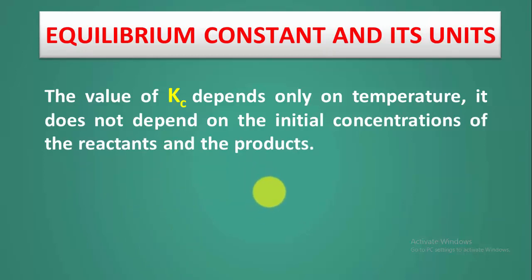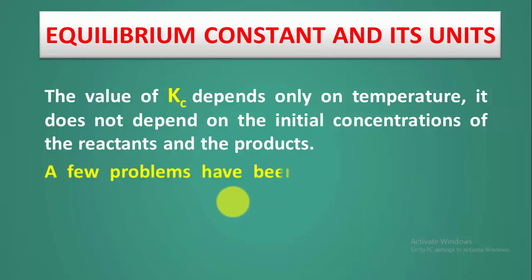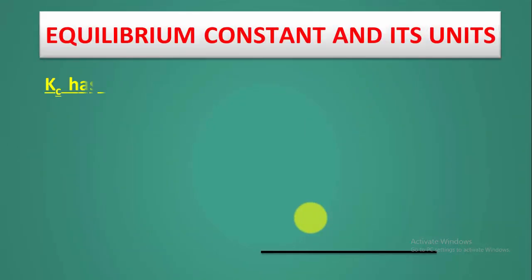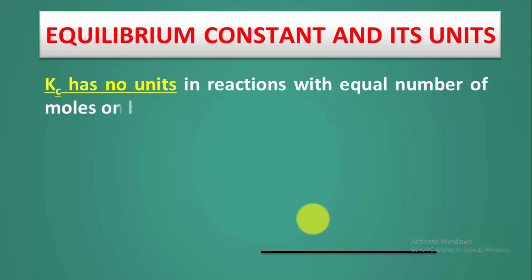So we solve a few problems to make the concept clear, whether units exist or not. So dear student, Kc does not have any unit in a reaction with an equal number of moles on both sides of the equation. It is because concentration units cancel out.